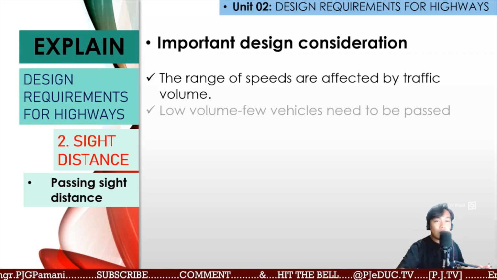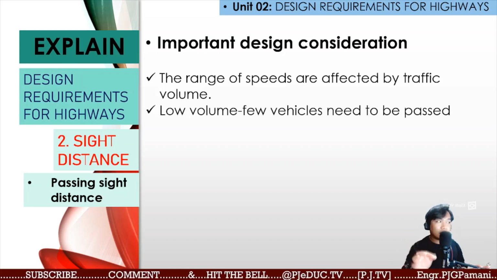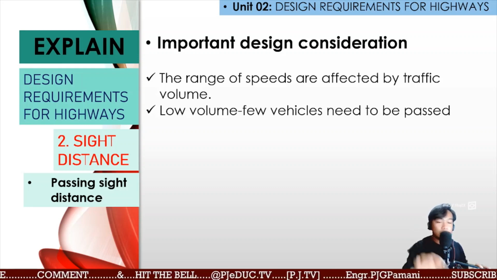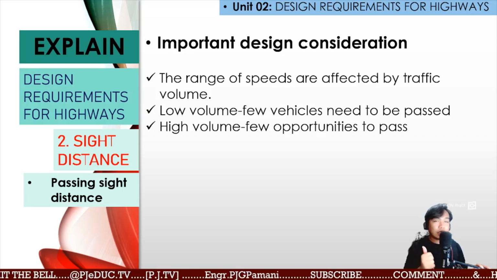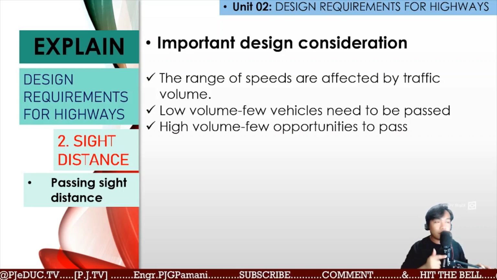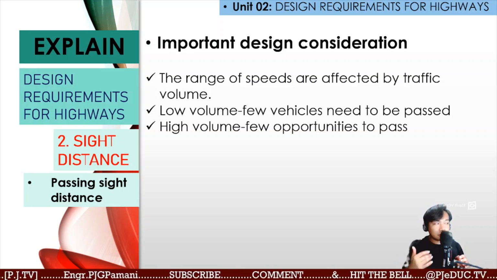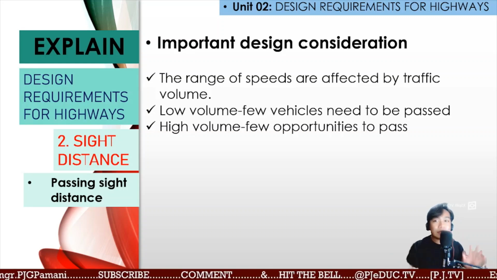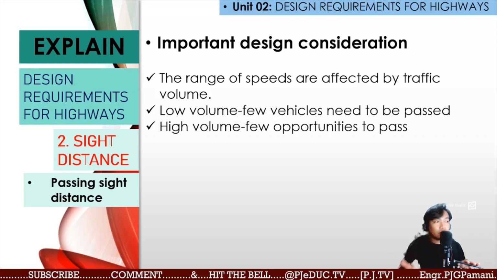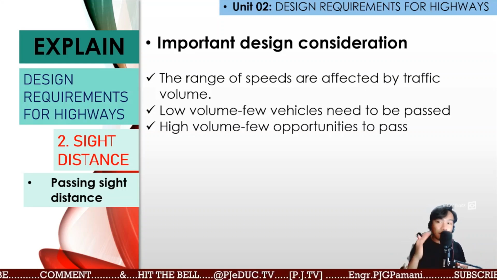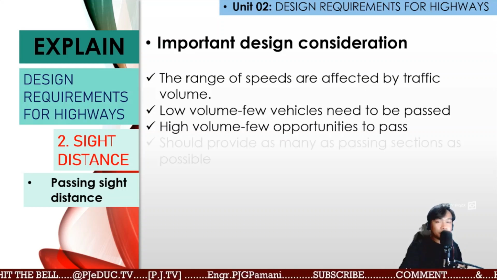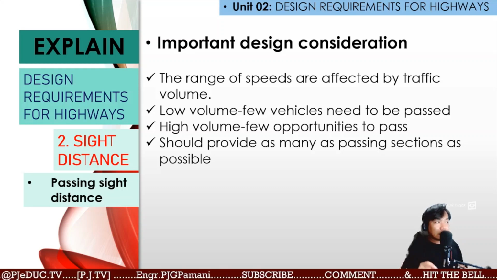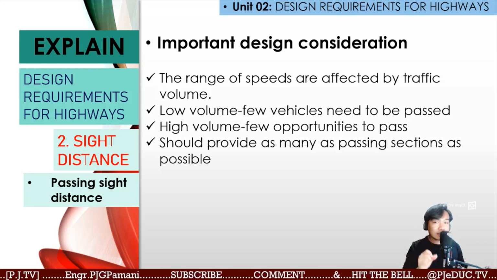Low volume, few vehicles need to pass. Then, high volume, few opportunities to pass. So, kung mas kukunting vehicle, mas maraming opportunity for passing. Then, high volume, mahirap magkaroon ng passing sight expectations. Should provide as many passing sections as possible.